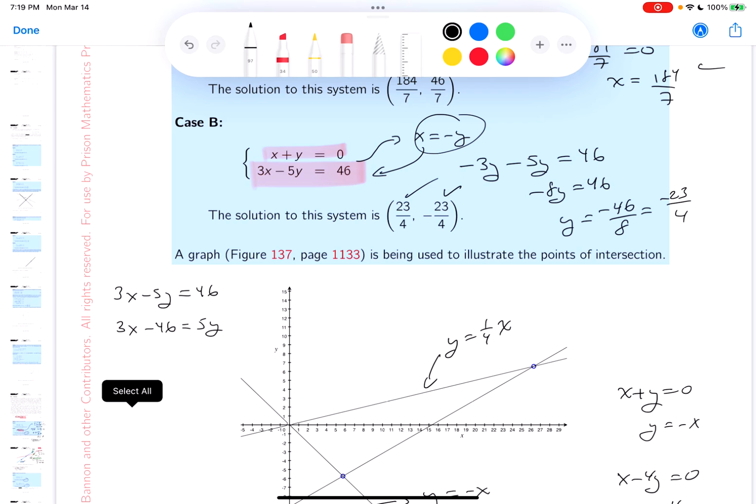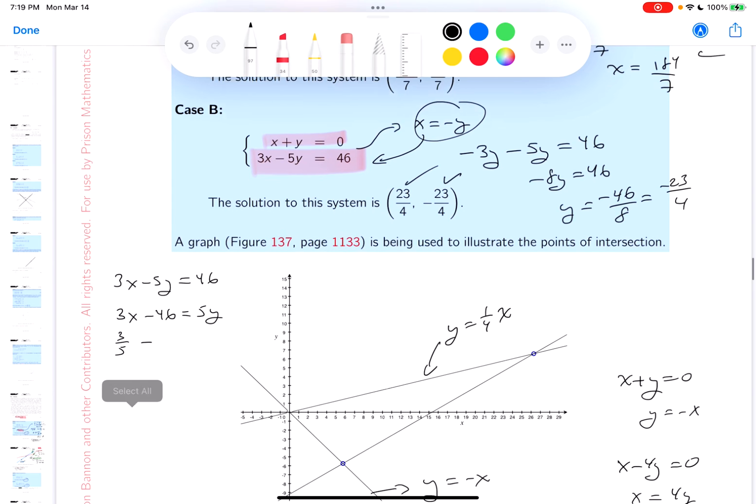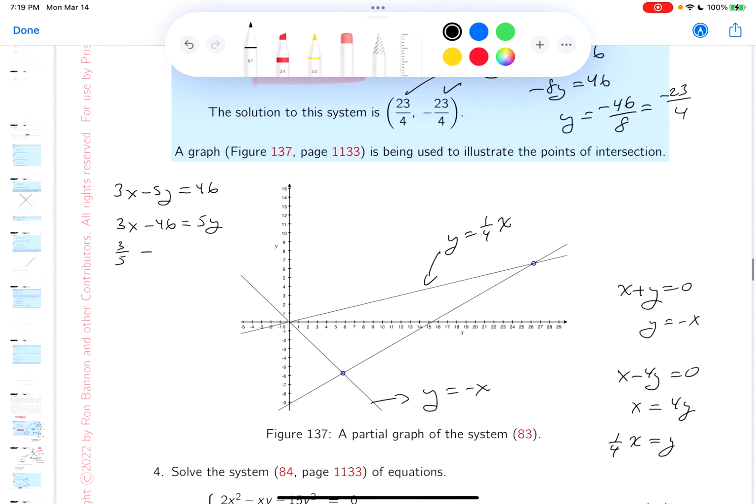Divide by 5, you're going to get 3/5 x minus 46/5, right? I'm sorry, put the x down. Sorry about that. That equals y. And that's going to have a positive slope, so it's this equation over here.